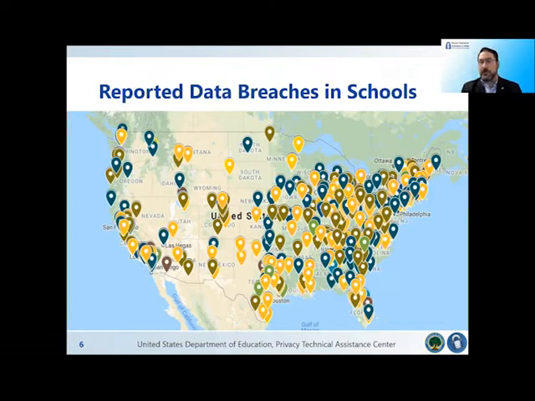These are all schools that have been the victim of some kind of data breach event, whether it's lost devices, ransomware attacks, sophisticated cyber intrusions, or student or insider threat. All of these schools have had some form of data breach in recent years.